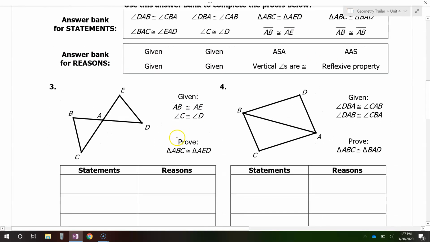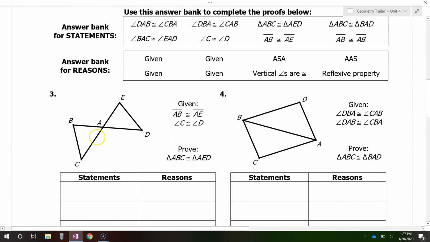All right, so looking at problem number 3, let's start with the given. So we are given that AB is congruent to AE. So let's mark it on the picture. So AB is congruent to AE, and let's put it in the proof.